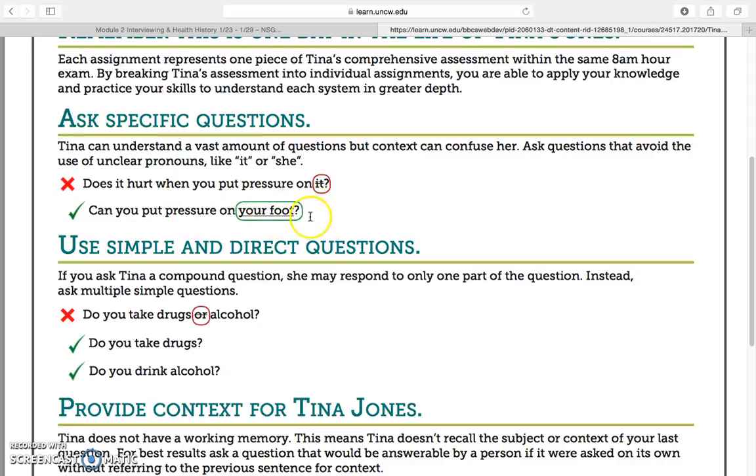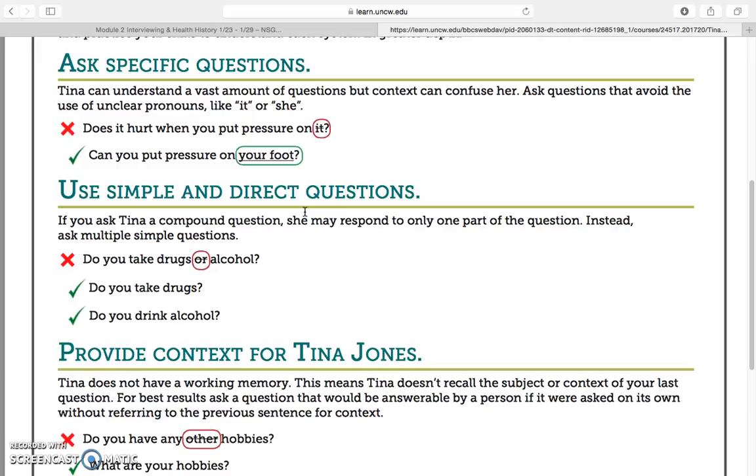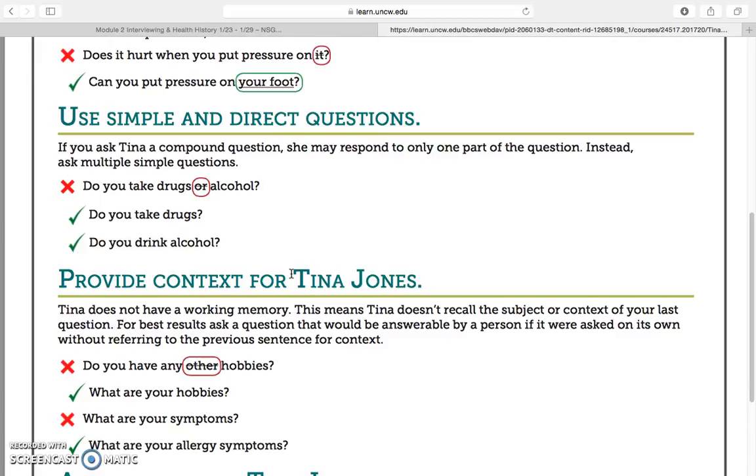Okay, see the differences between those two. One, you're really just focusing on what it is, which the computer may have a little bit of difficulty responding to. But the other question you're asking is, can you put pressure on your foot? And that question would more likely be better responded to in the virtual health assignment, simply because, as with any computer program, it is pre-programmed to be able to answer many questions, but using context in those questions is really important.